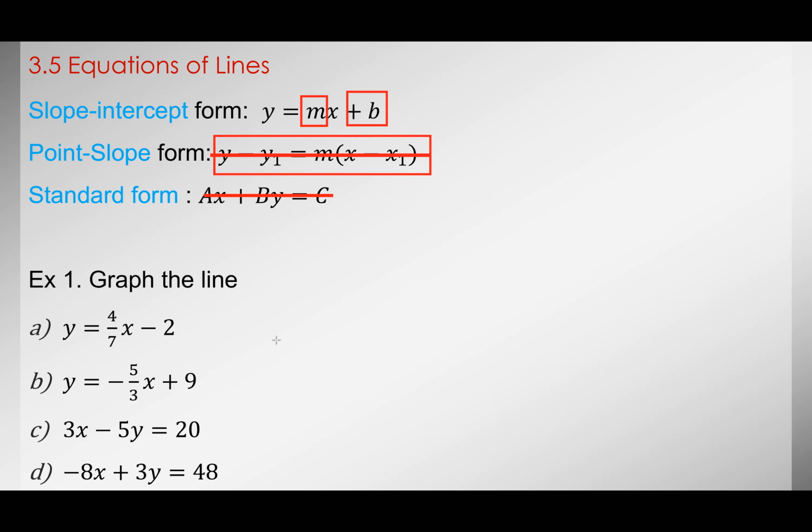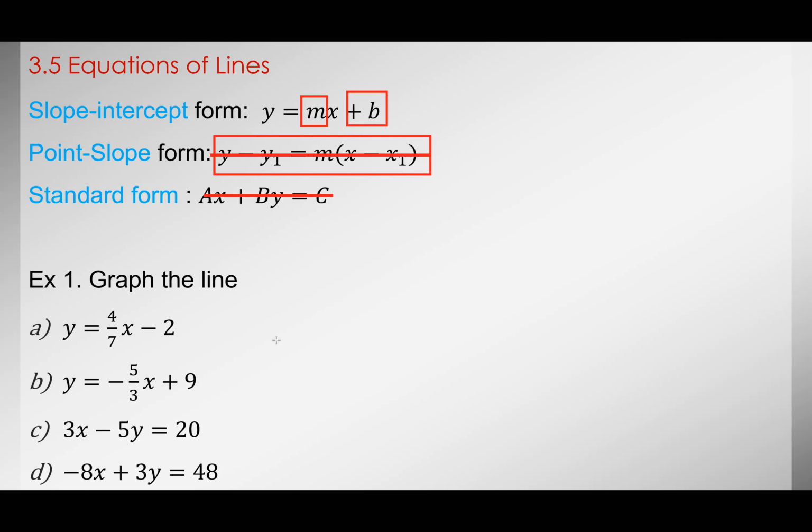Last time in 3.1 or 3.2, if they ask you to graph, they either ask you to find the intercepts and just draw the line, or fill in the table, find the missing value, and plot your ordered pair after you find it, right?